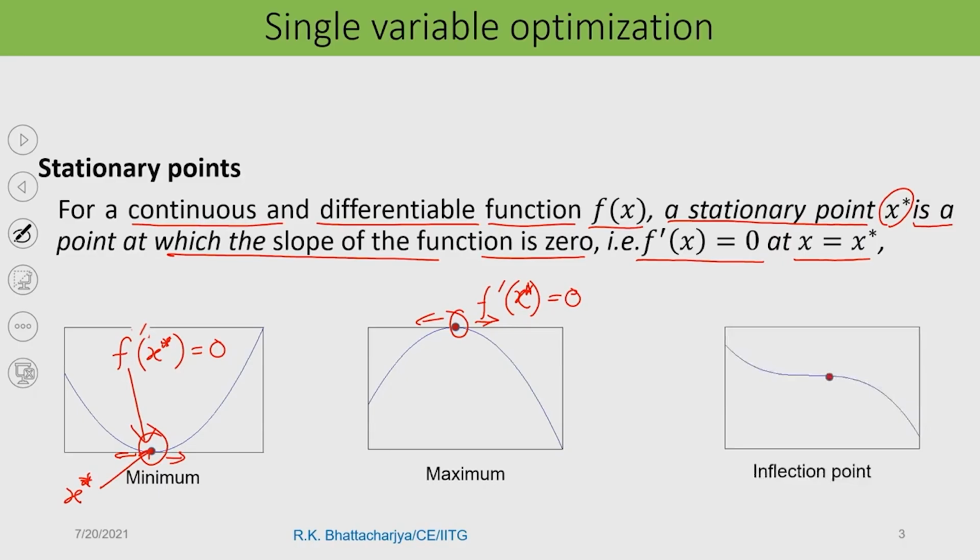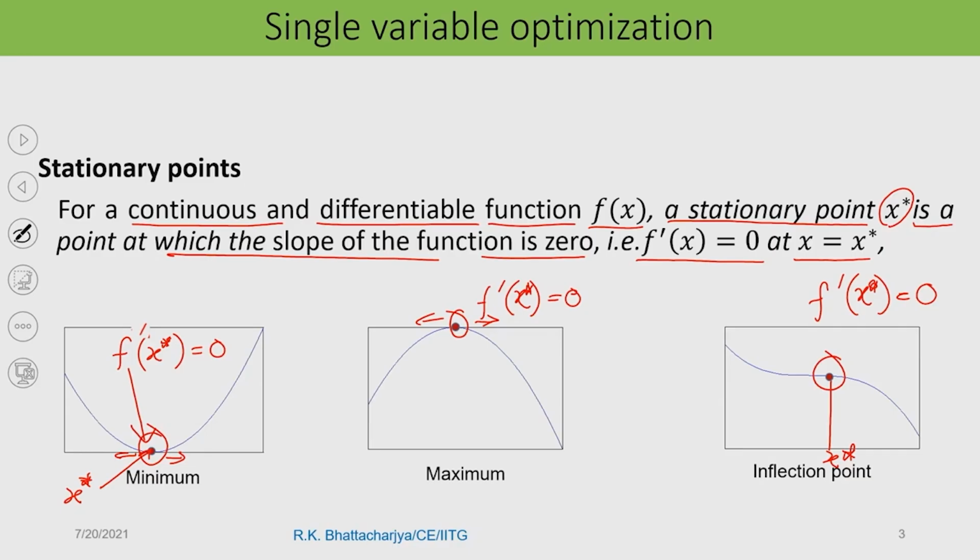Now, let us consider this particular function here. This is a point here. Again this is your x*, and at this point the first derivative is 0. Therefore, this particular point is also a stationary point, since the slope of the function is 0 at this point.